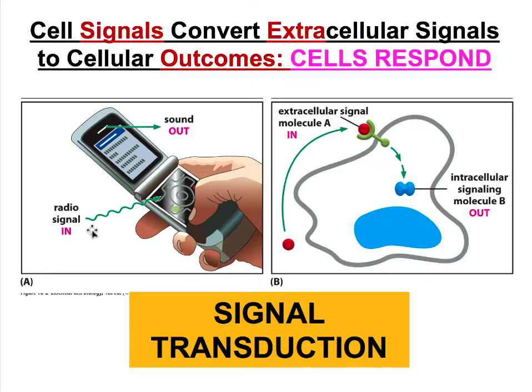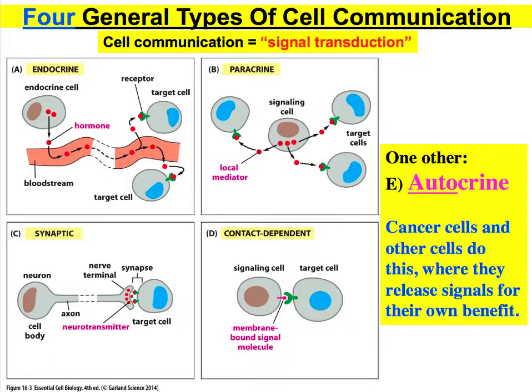So something has been converted from radio waves into vibrations in the air. A similar analogy works with cells, where the signal comes in and then it interacts with the cell, causing the cell to do something. So signal transduction is the general term applicable to this entire chapter.